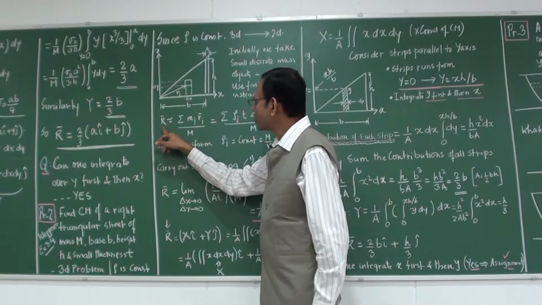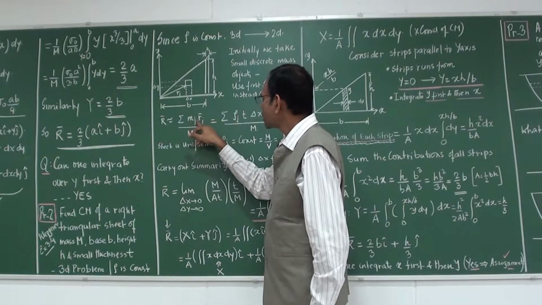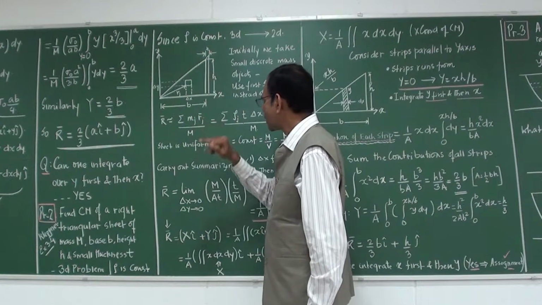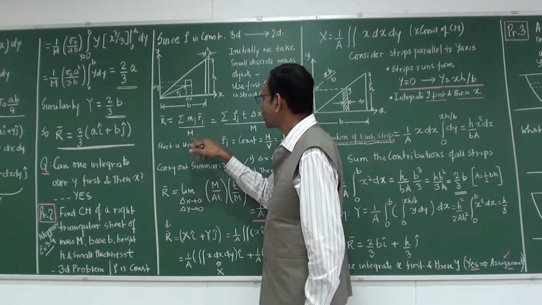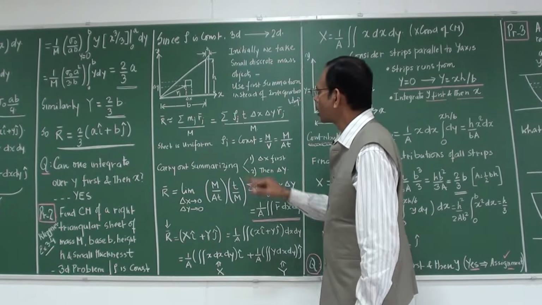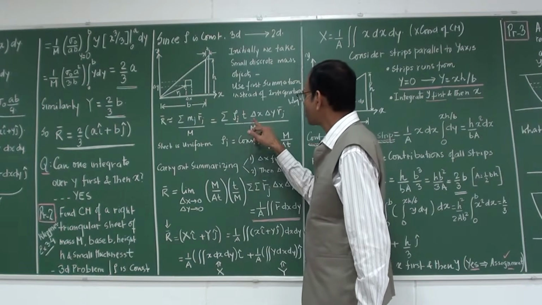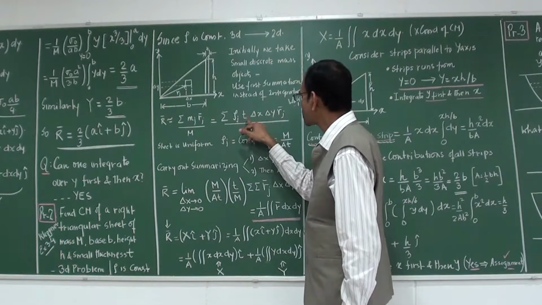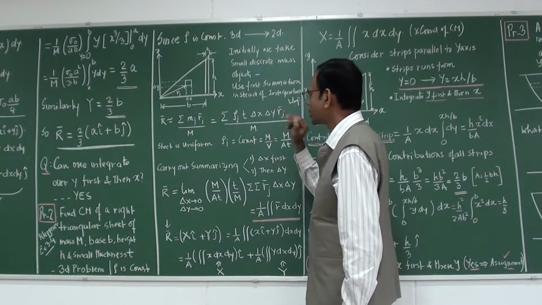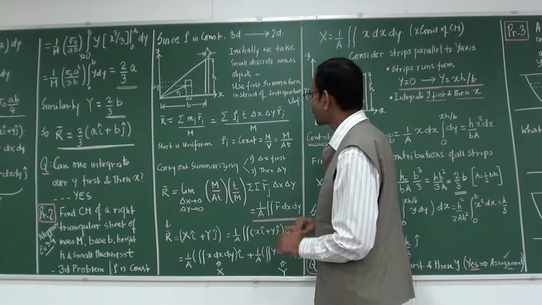We know r, the center of mass, is the sum of m_j r_j vector divided by m. This is equal to the sum of sigma_j multiplied by the volume, that is t delta x delta y, times r_j vector, divided by m.